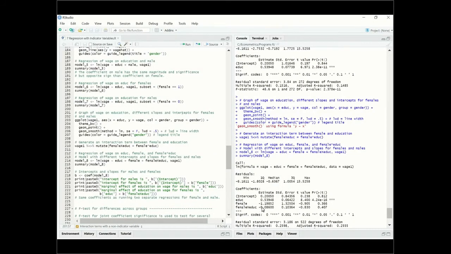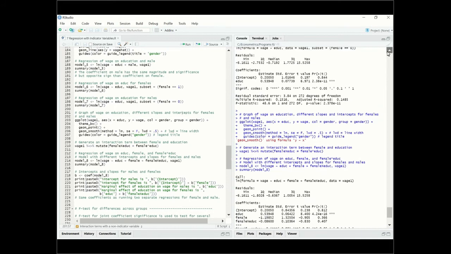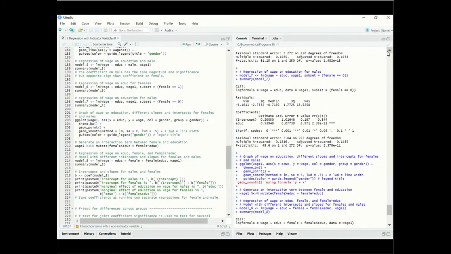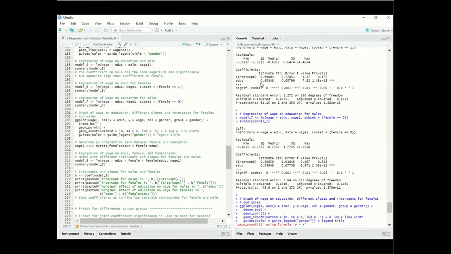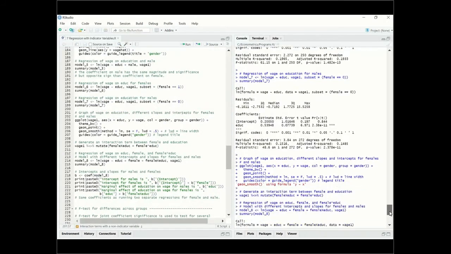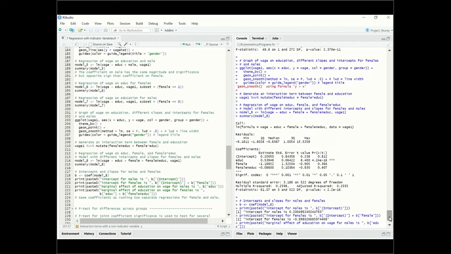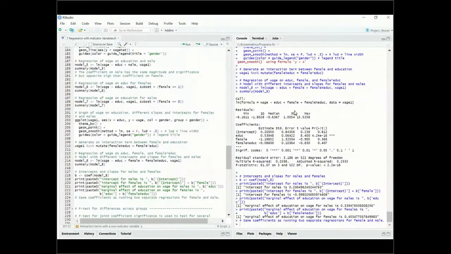So we need to do this one and this one. And this is going to be exactly the coefficient that we have up here of 0.45. So these two regressions that we can estimate separately are incorporated into one overall regression like this, with the interaction terms in it.